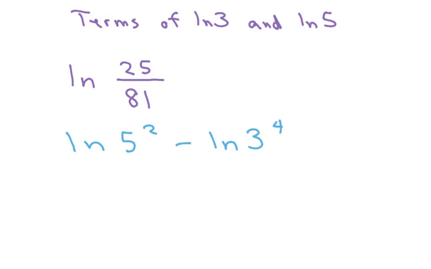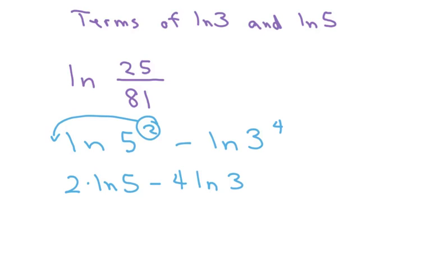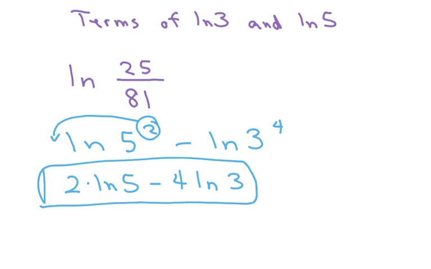So when I write this, I'm going to move my power up front here. So I have 2 times ln of 5 minus 4 ln of 3. And that's your answer. It's expressed in terms of ln of 5 and ln of 3.